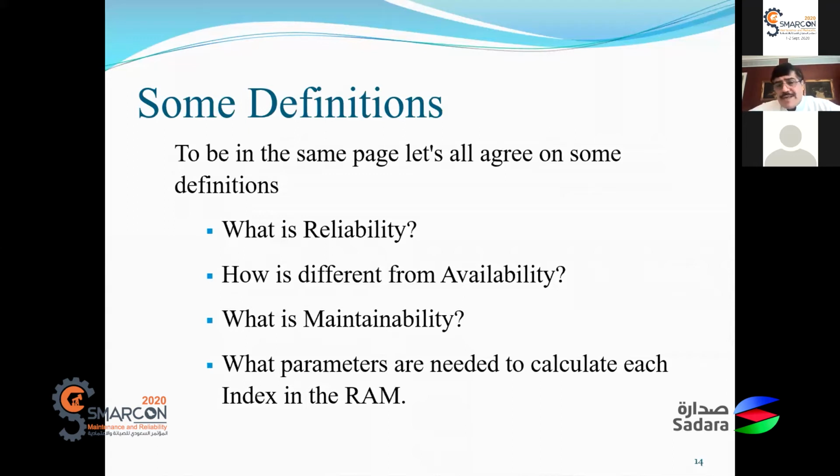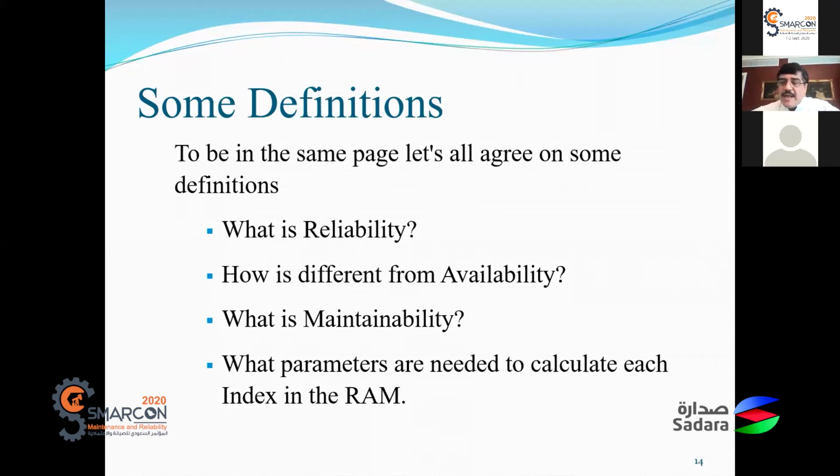What is reliability? How is reliability different than availability? What is maintainability? What parameters are needed to calculate reliability, availability, and maintainability, and how do we link them to a business case?